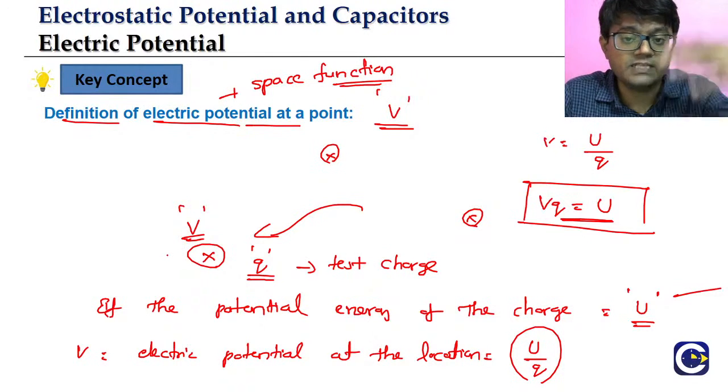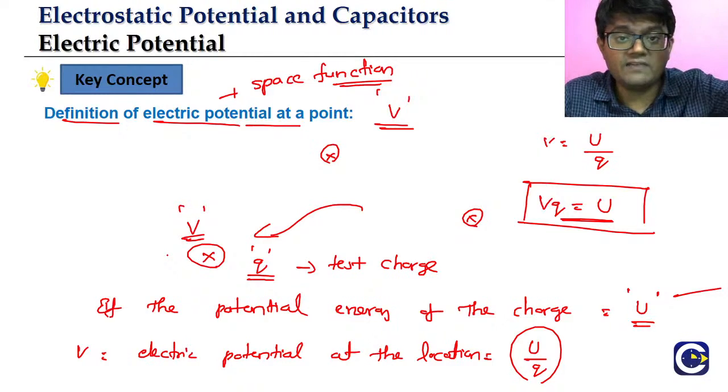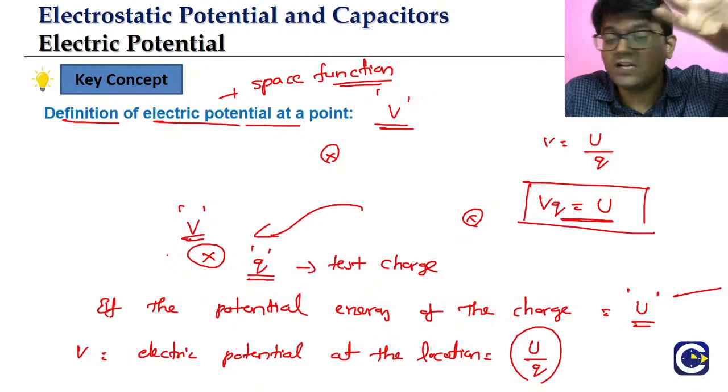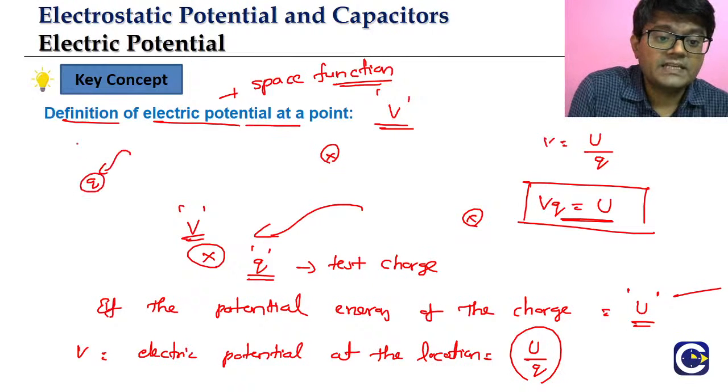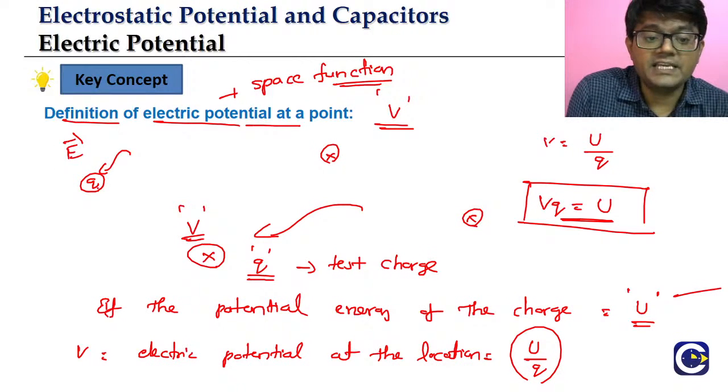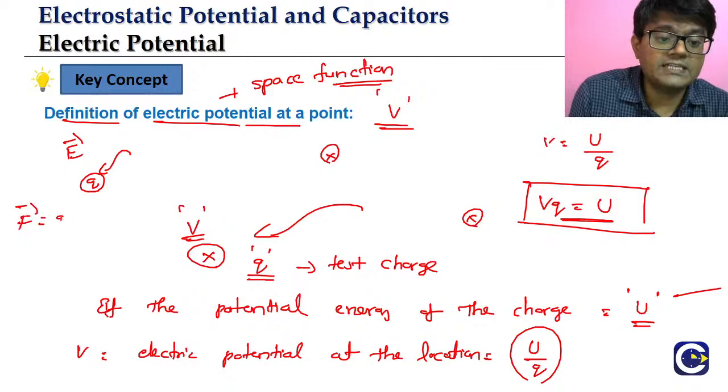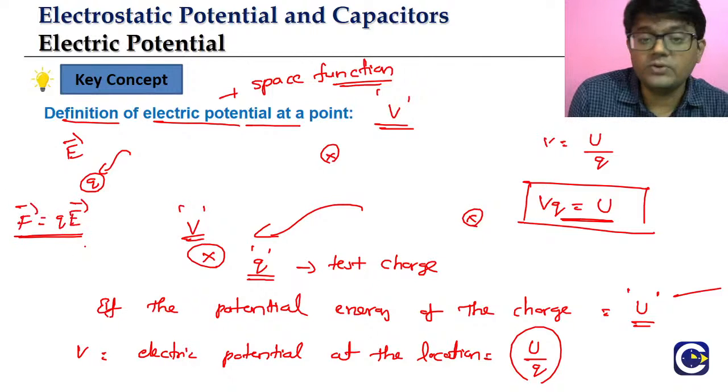நீங்க close observe பண்ணா this is similar to the way we define this electric field concept. Like, if you bring a charge to a particular place, let us say the field at a point is E, then force acting on the charge is given by what? Q into E தானே.